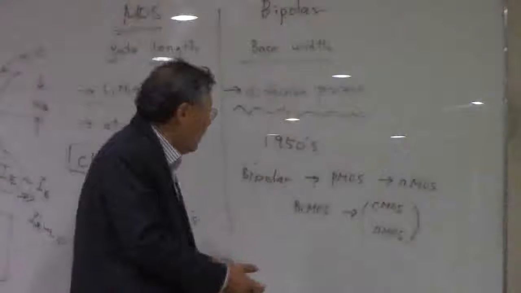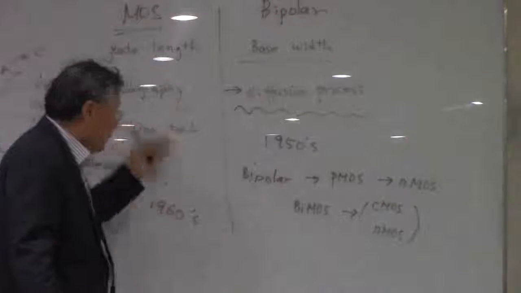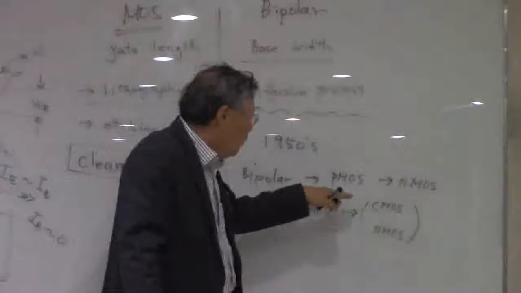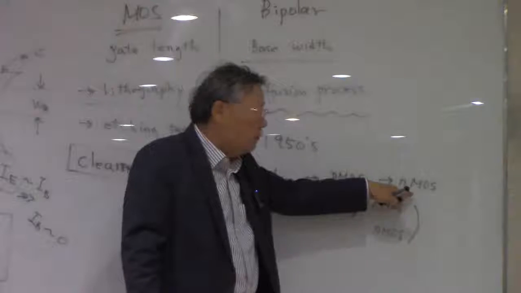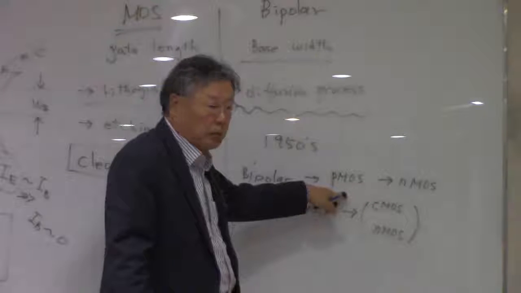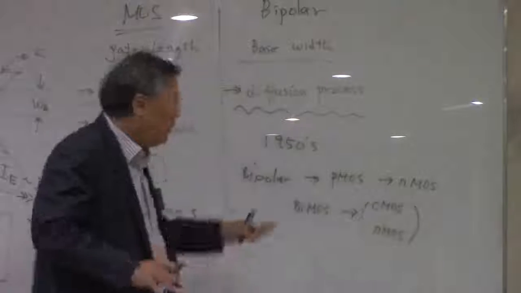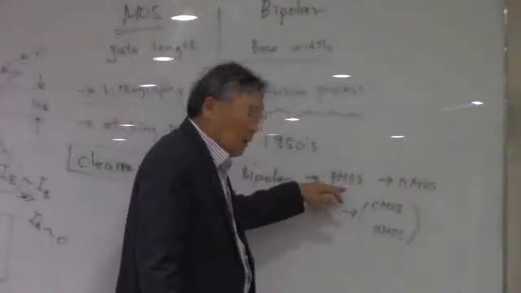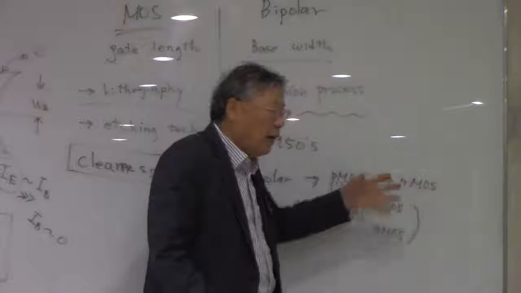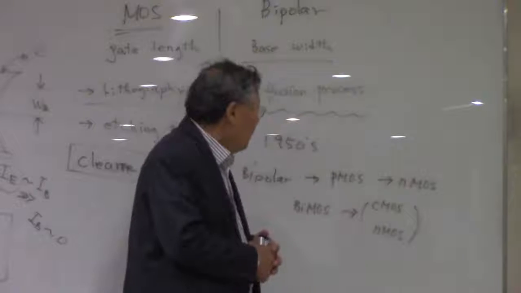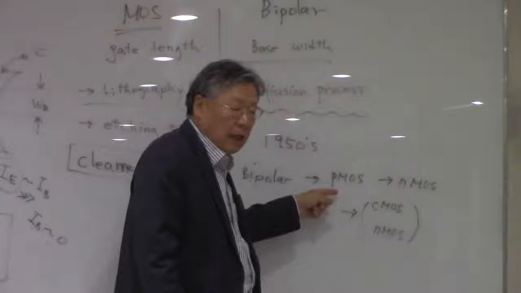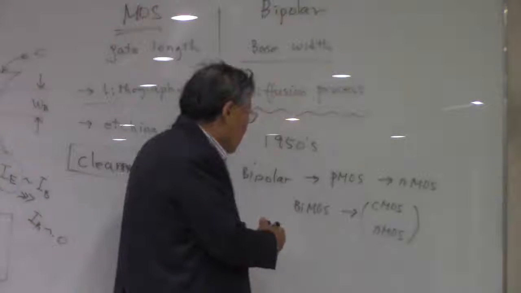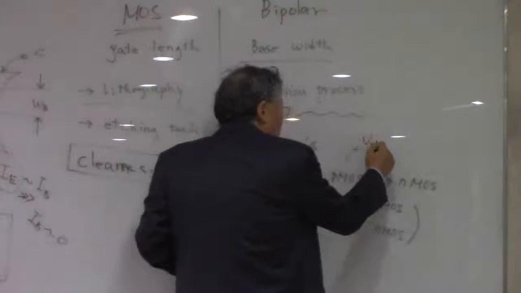When we overcame the industrial barriers for the MOS fabrication, then obviously people wanted to make NMOS first before PMOS, because the electrons are moving much faster than the holes. But it turned out that we had to do something more to make NMOS than PMOS. So PMOS appeared in the market first, and that is related to the threshold voltage control.